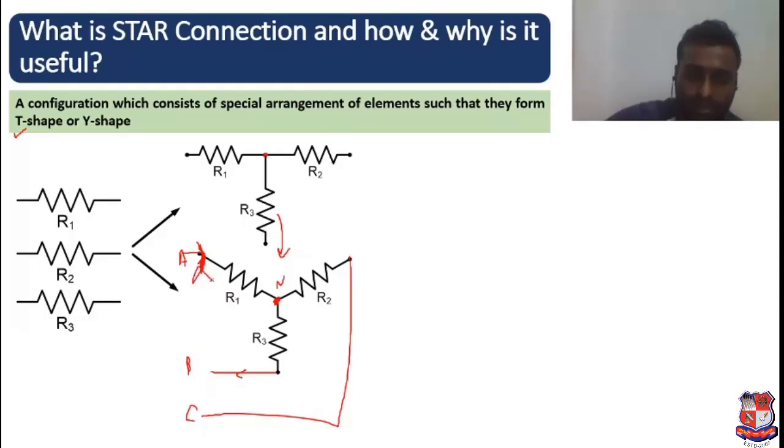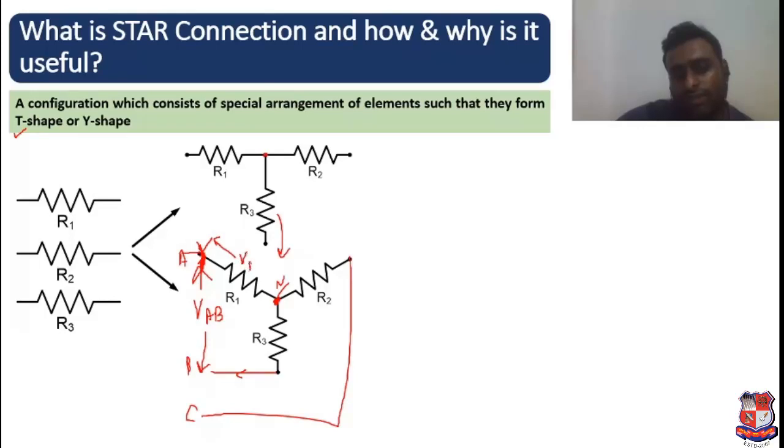But will the answer remain the same if I consider VAB, the voltage measured across phase A and phase B? The difference of two phase voltages can be said to be the line voltage. If I measure voltages A and B, will it remain the same for VAN?